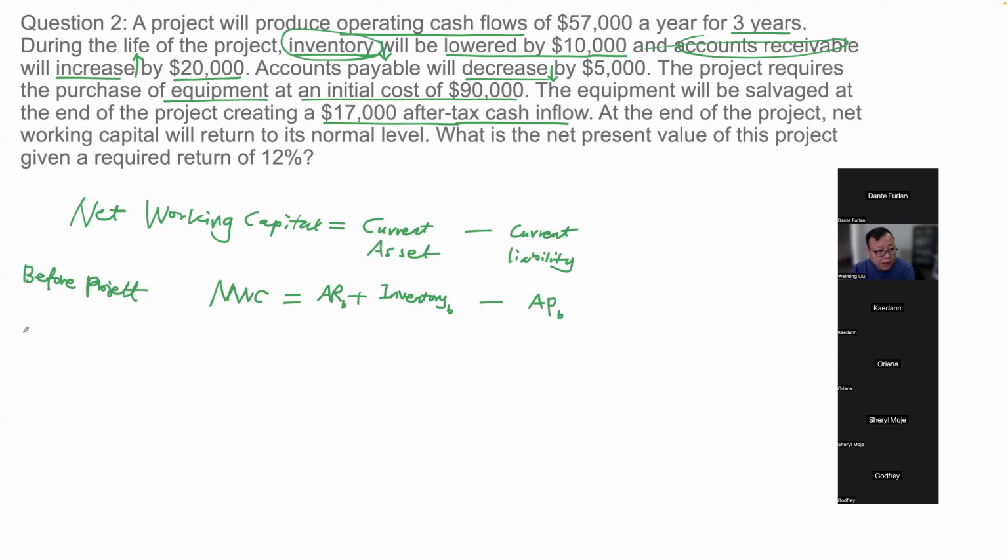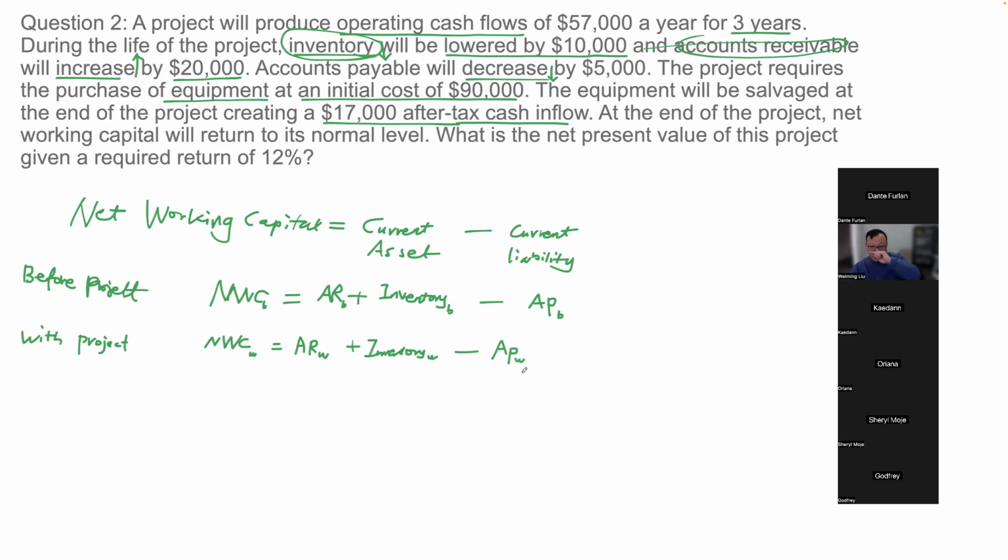With the project, the project will require different levels of the assets and liabilities. So with the project, your net working capital, NWC_W, equals AR_W plus inventory_W, W meaning with project, minus accounts payable_W.